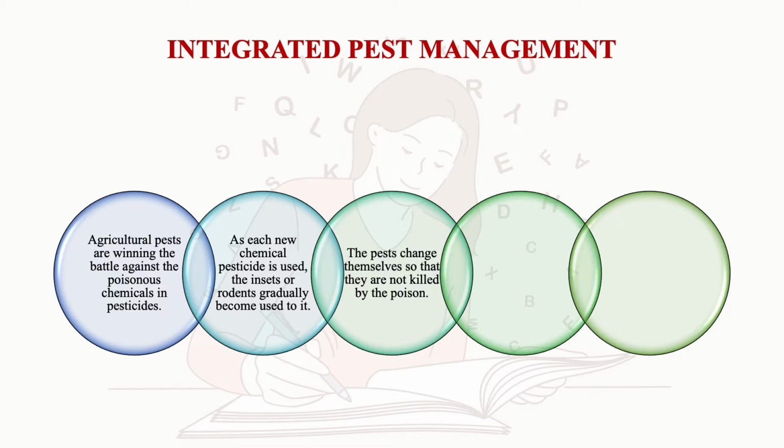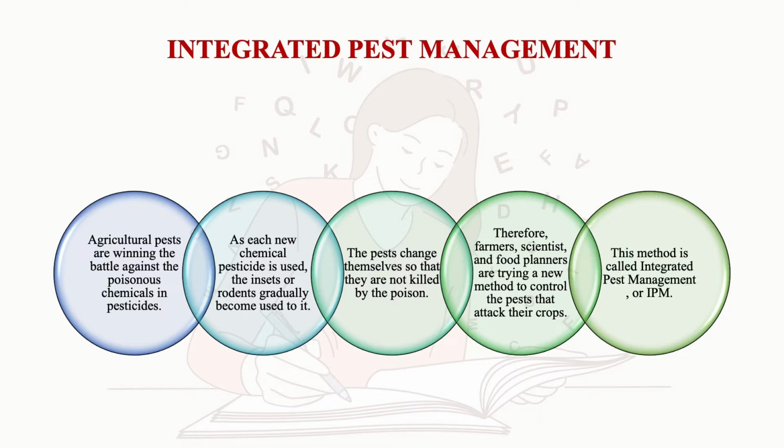The pests change themselves so that they are not killed by the poison. Therefore, farmers, scientists, and food planners are trying a new method to control the pests that attack their crops.